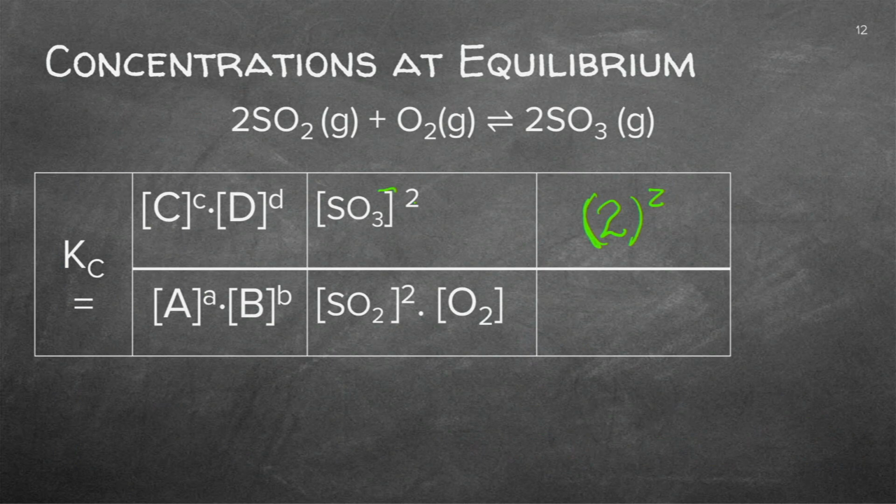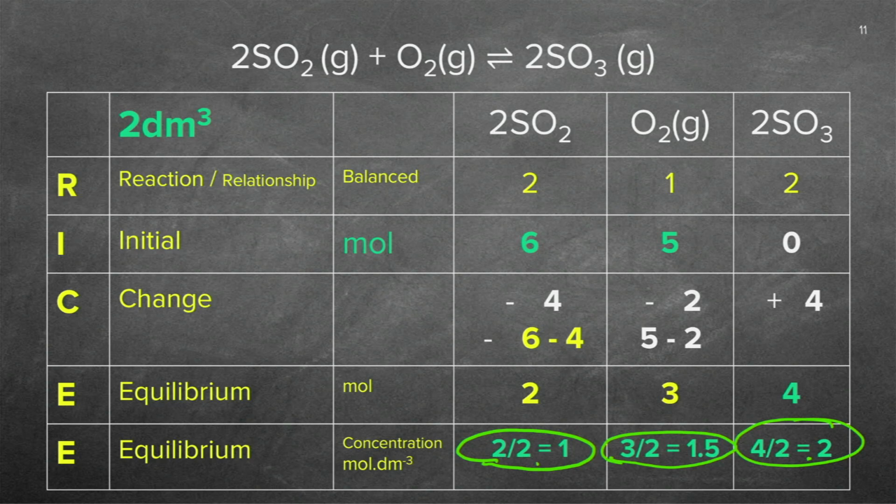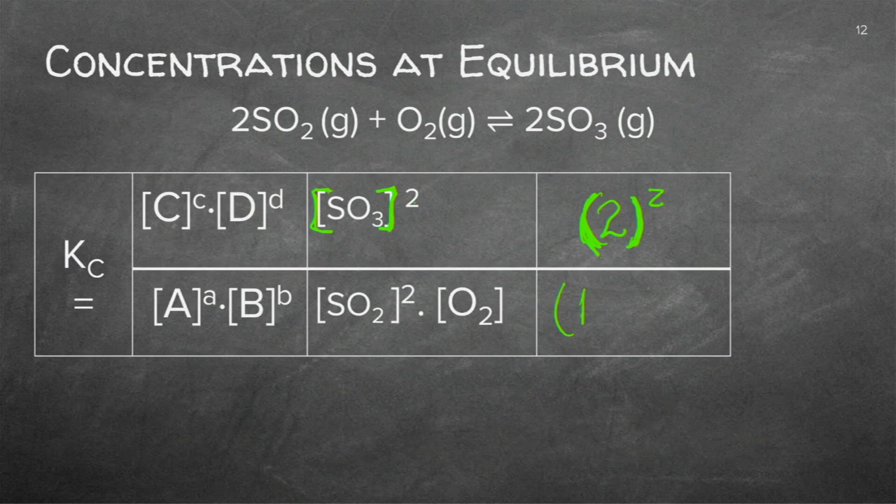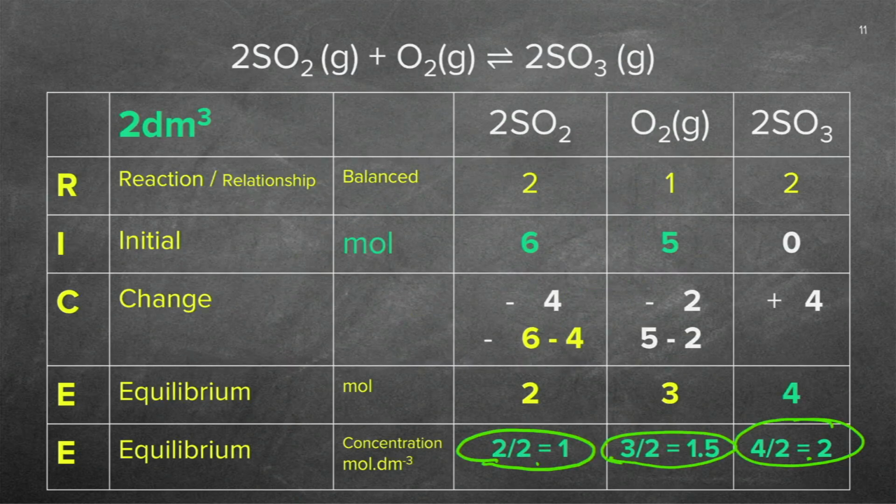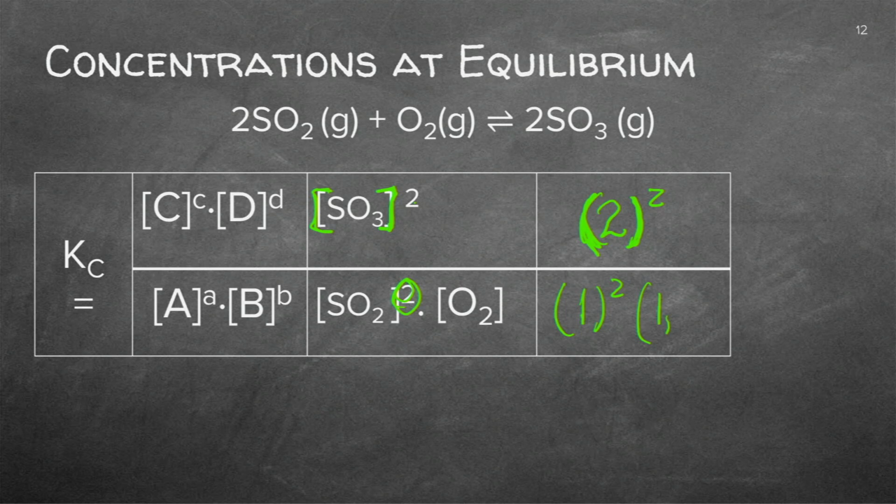Remember, this is when I say I want to write the concentration. If I actually work it out, I've got the rounder brackets. SO2 is 1, and again, remember the square there, can you see? And I've got 1.5 there. And if I now do my calculation, I will get my answer being 4 over 1.5. That'll give you a value of 2.667.